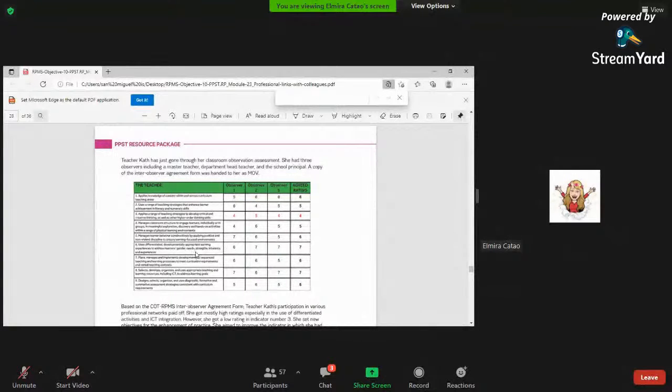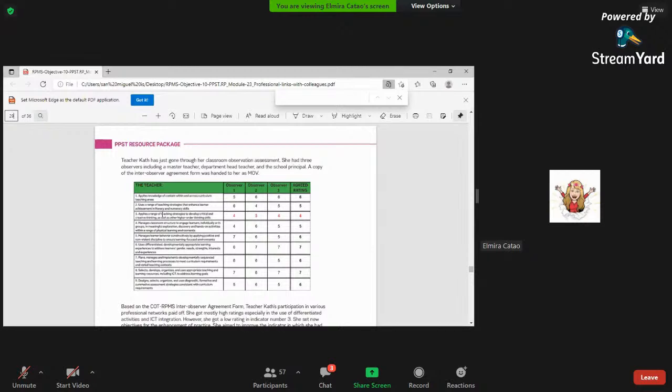Aside from participating in relevant school-based LAC sessions, Teacher Kat also took the initiative to choose from the DepEd advisories regarding training or seminar workshops to be conducted that focus on critical and creative thinking applications in the classroom. Okay.